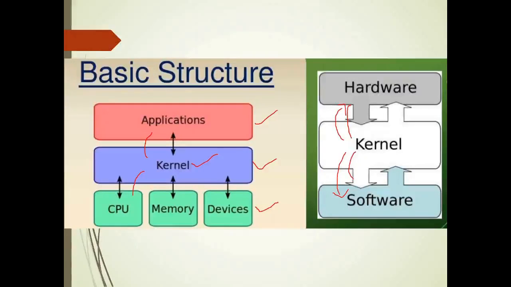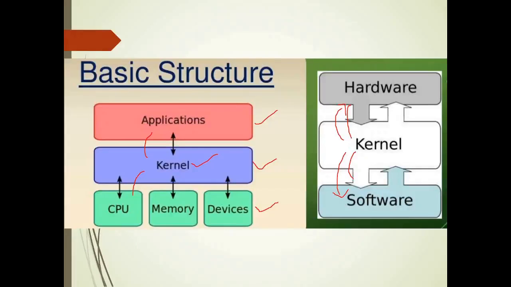For example, I have installed one camera application in my phone. When I open that application, the software will try to access the camera hardware component, and when I click the button to take a picture, the application will try to connect to the camera LED flash component.